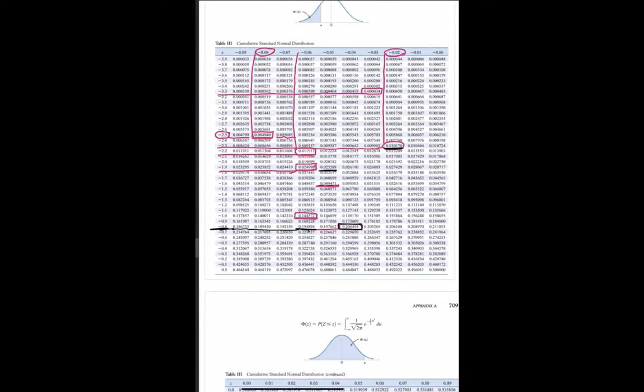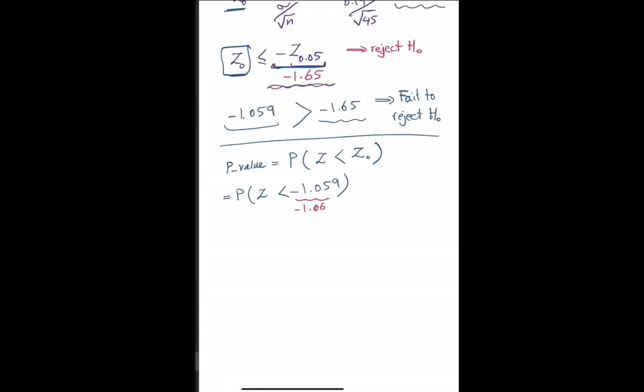Okay, minus 1.06, which is this column here, 0.0144. Okay, so that's the p-value. So the p-value for this test is 0.144, and alpha, the significance level, is 0.05.